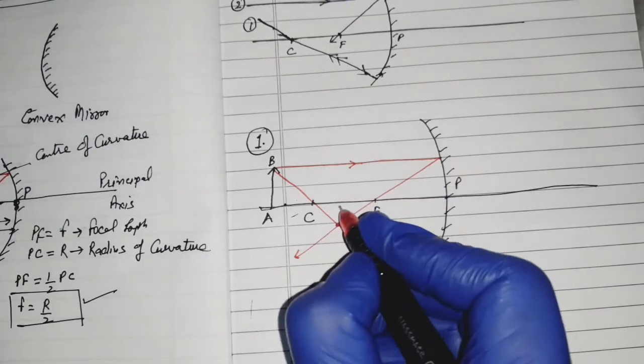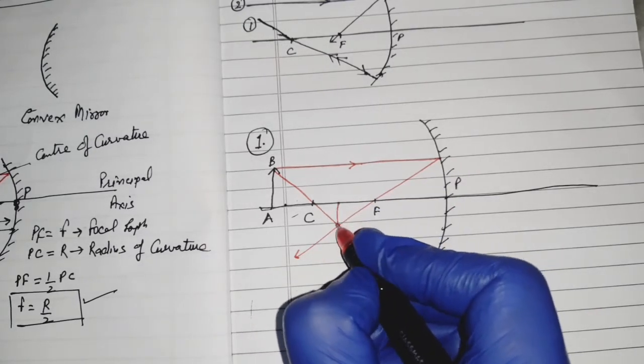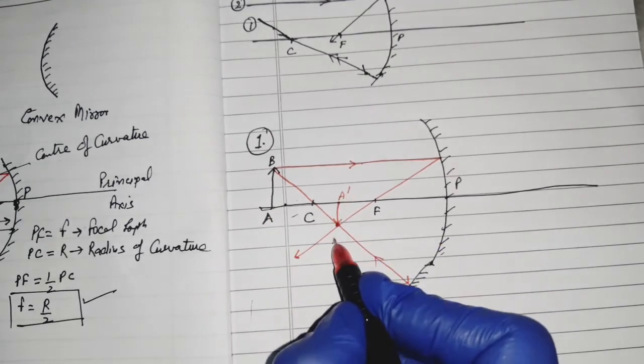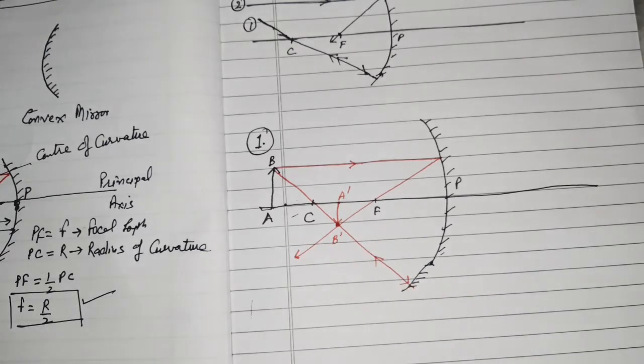So this point is formed. Here the image is formed. Since this is A, it must be A dash. Here it is B dash.